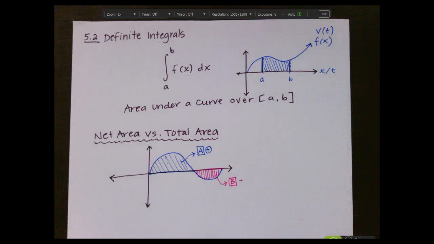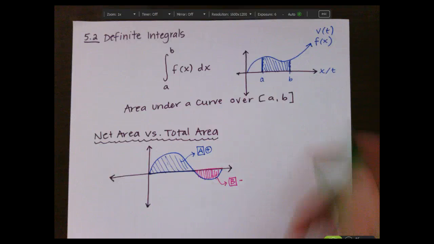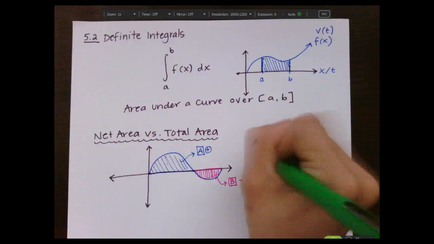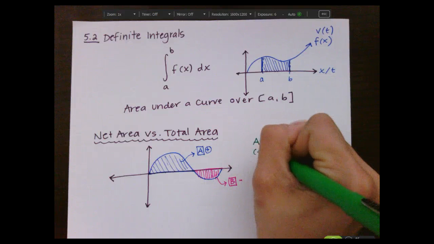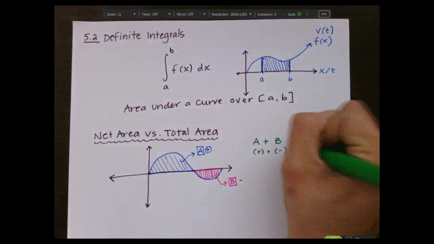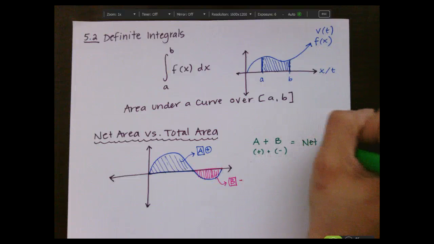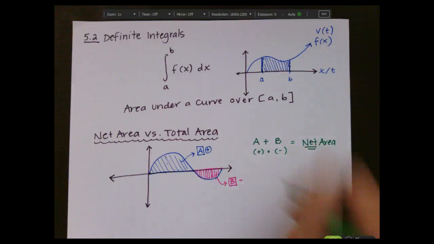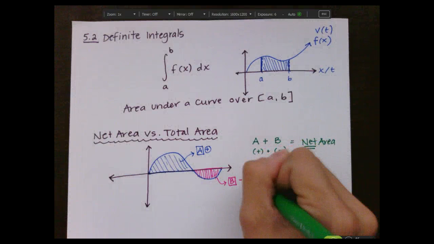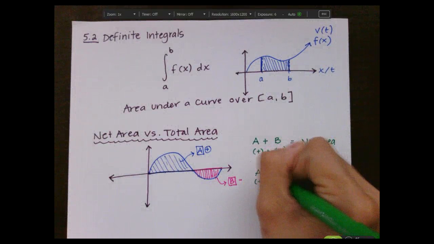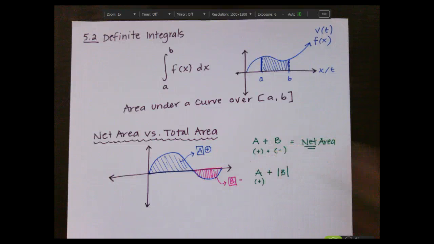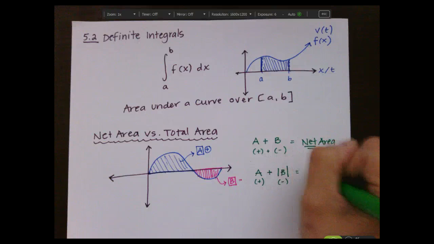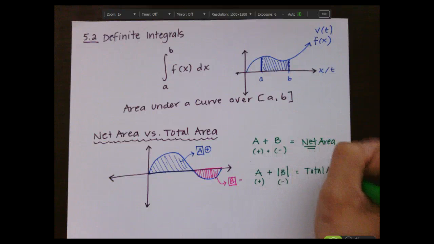If we put together region A and region B, a positive region added to a negative region, we get what's called the net area. However, if I took region A, which is already positive, and added it to the absolute value of region B, which here we're calling negative, then that would represent the total area.